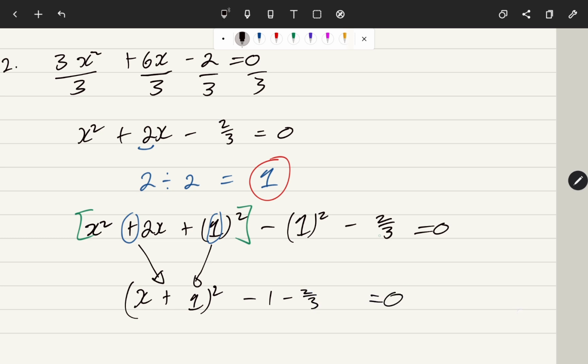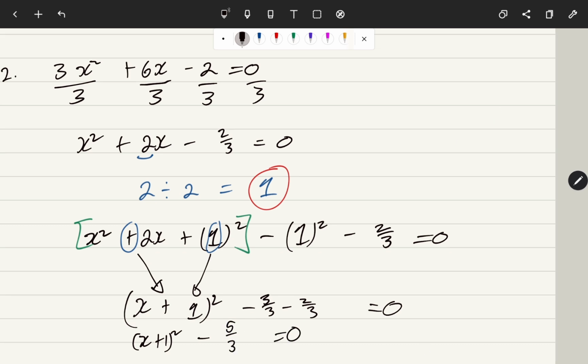For the sake of subtracting fractions, I'm going to write the 1 with denominator 3, which is 3 over 3. And then of course you have x plus 1 squared minus 5 over 3 equals 0.